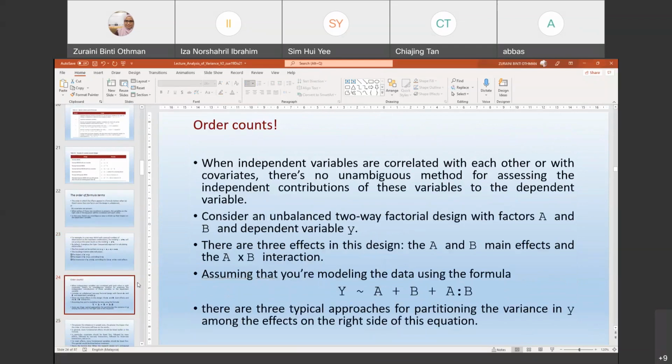Okay. When the independent variables are correlated with each other, as with a covariate, there is no unambiguous method for assessing the independent contribution of each variable to the dependent variable.